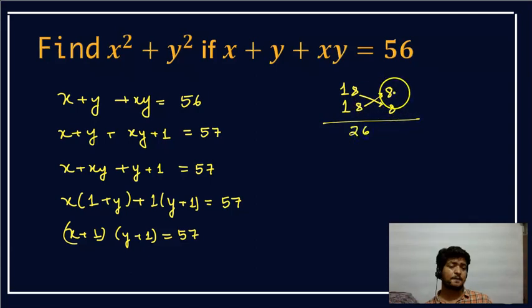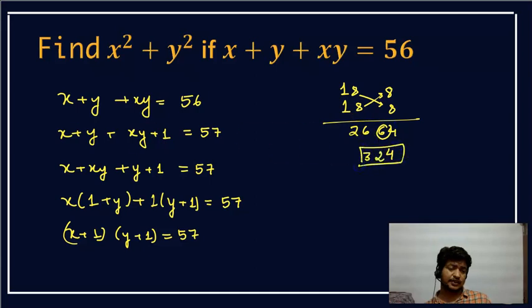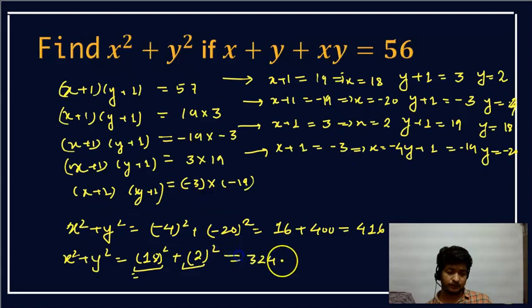And 8 8s are 64. Firstly you write 4, and the extra 6 will get added with 26. You will get 324. So 18 square is equal to 324 and 2 square is equal to 4. You will get 328.